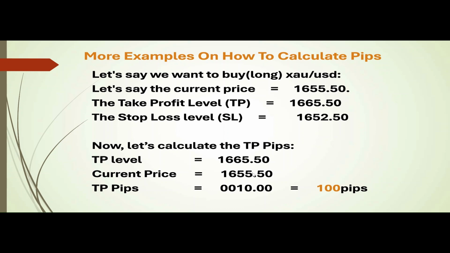Then the current price of the market is 1655.50. Now let's subtract. 0 minus 0, 0. 5 minus 5, 0. 5 minus 5 again, 0. Then 6 minus 5, we have 1. 6 minus 6, we have 0. 1 minus 1, we have 0, which is equal to 100 pips. That is, we are risking 30 pips to get 100 pips.